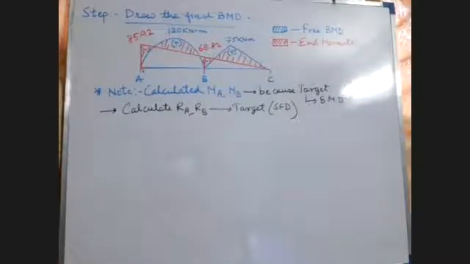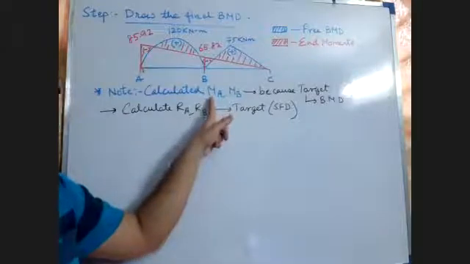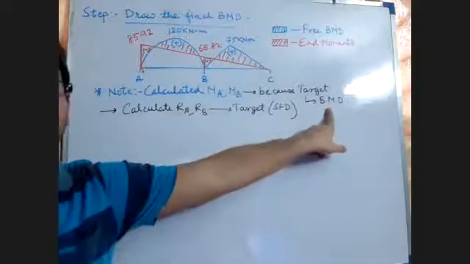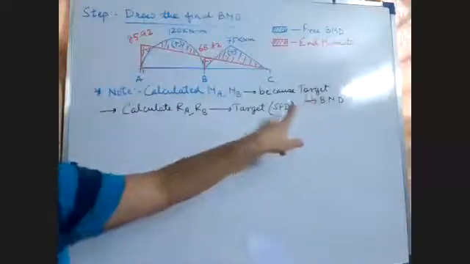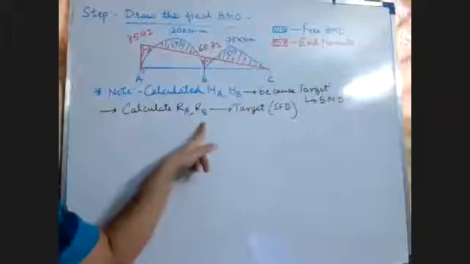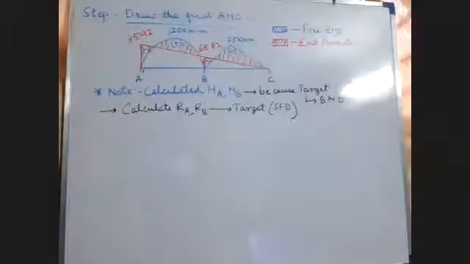Very, very important concept. These things are not easily given in any book. I have used my unknowns as moments because my final target is to calculate the bending moment diagram. If my target is shear force diagram, then I have to take RA, RB as unknowns. That means the reactions at A and B are unknown.